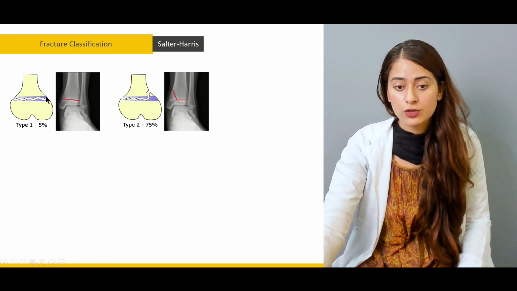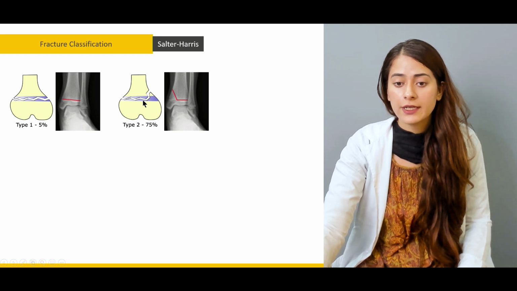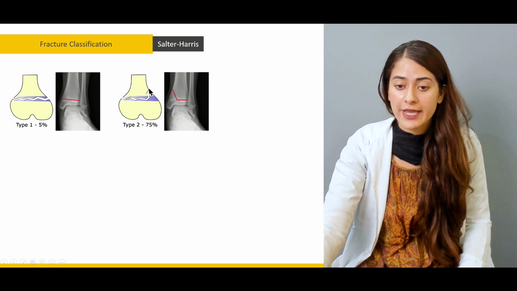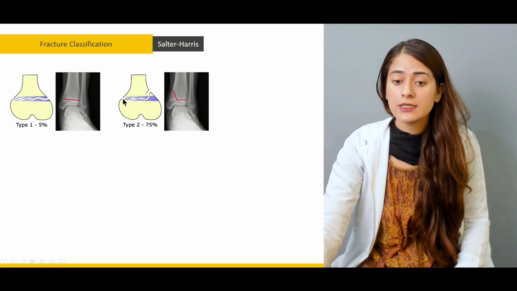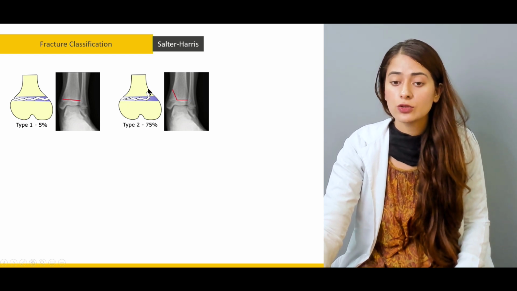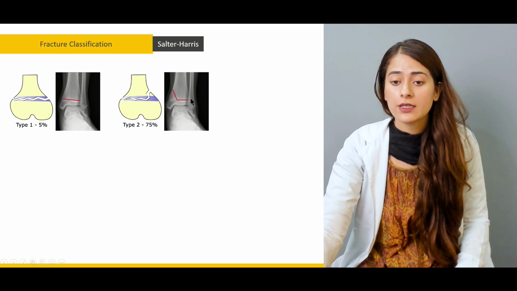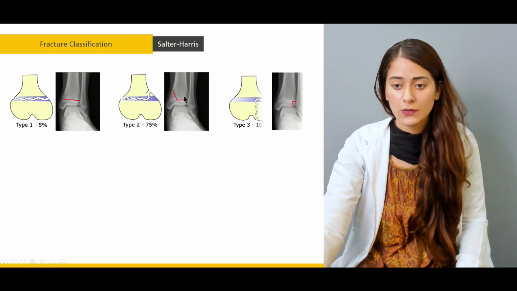This fracture is through and through in a straight line. This fracture is also through and through, but it is going from the growth plate to the neck. So the fracture which is from the epiphyseal plate to the metaphysis and going in this direction is type 2 Salter-Harris fracture.